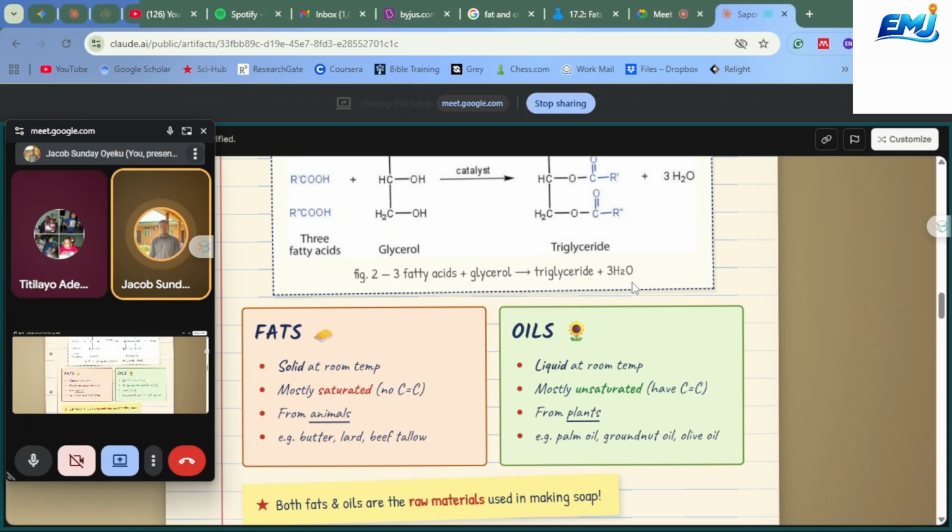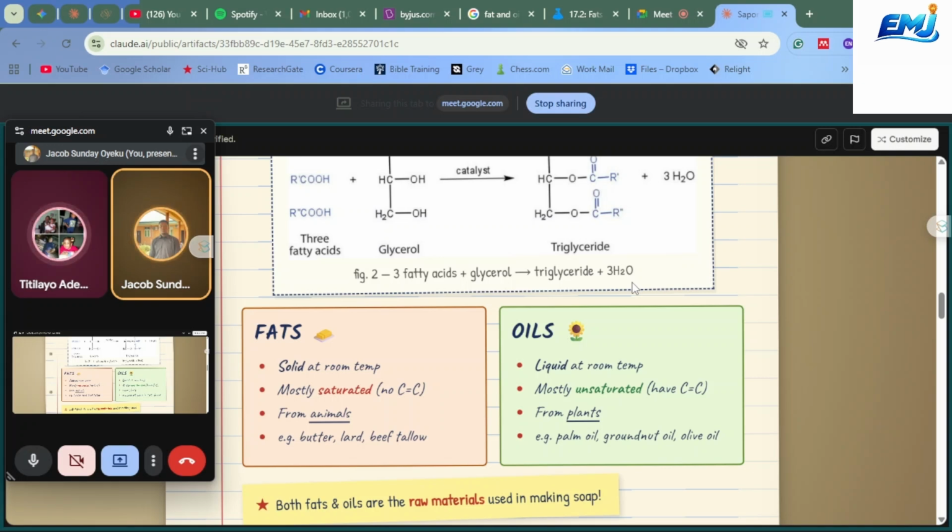But if the one that is much is unsaturated, that means it has more double bond than single bond, it is going to be oil. If it has more single bond, it is going to be fat.